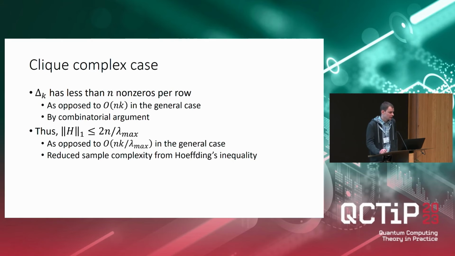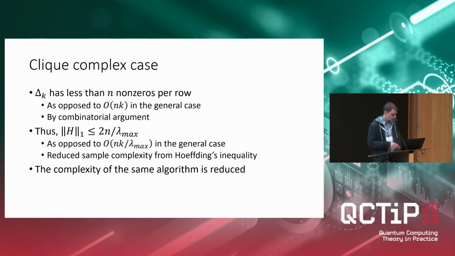And then this means that the one norm of our matrix H is going to be lower than in the general case, which means that it is enough to take fewer samples when we apply Hoeffding's inequality. So the complexity of our algorithm is going to be better.